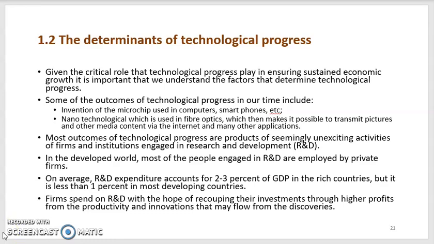Discoveries such as the invention of the microchip, the discovery of the structure of DNA, and the discovery of computers, smartphones, and nanotechnology, which is used in fiber optics, which then makes it possible to transmit pictures and other media content via the internet and many other applications.